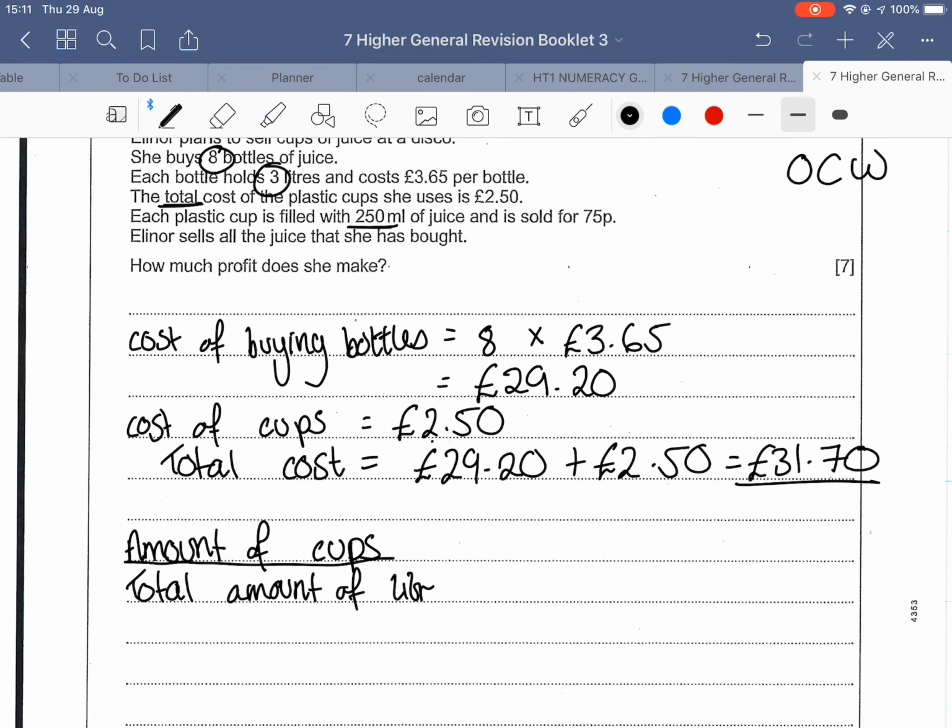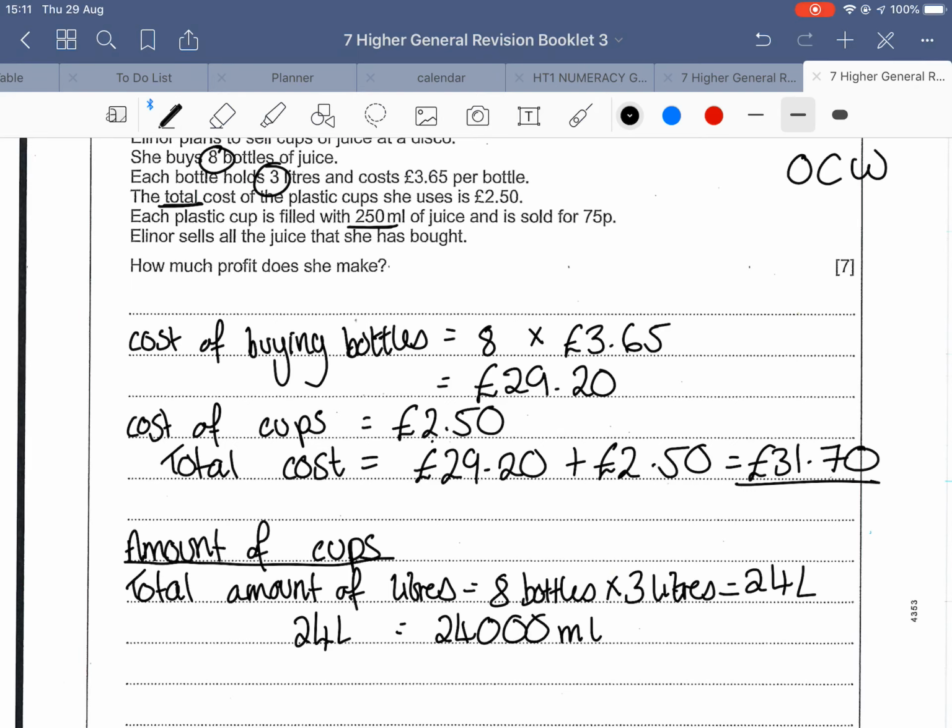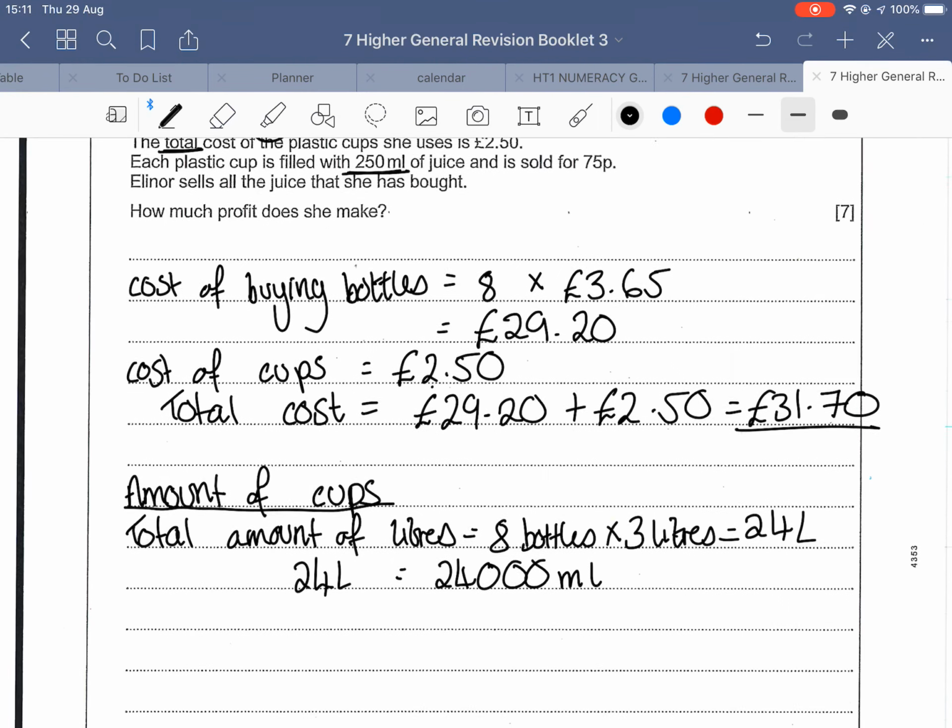So she has 8 bottles times 3 litres. That gives her 24 litres. So 24 litres is going to be 24,000 millilitres, because this 250 is in millilitres. So I'm just converting that into millilitres just to make my life a little bit easier.